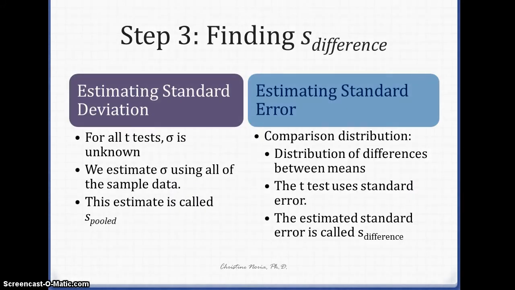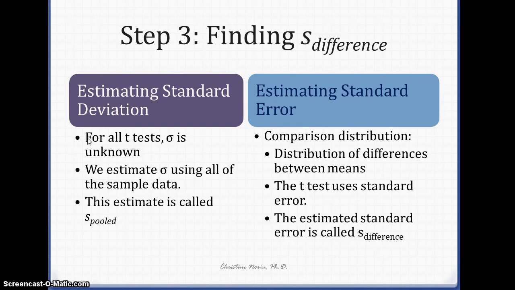So remember, when we're talking about finding the denominator of a t-test or even a z-test, there's two parts that we need to work through. First is finding the standard deviation, and the second is estimating the standard error of what's going on in the population.